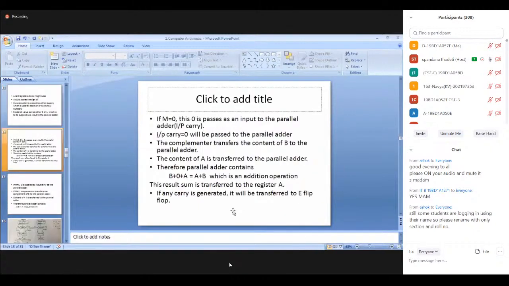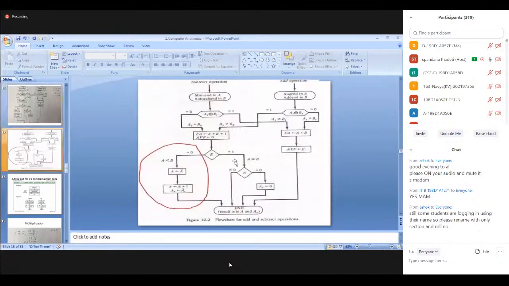So that will be checked by using the value of E. If E equal to 1, it can be A greater than or equal to B. Whether it is greater than B or equal to B, that will be checked by using the value of A. If A equal to 0, it means that A is equivalent to B. If A and B are equal, when you perform a subtraction operation between A and B, the result is 0 only.